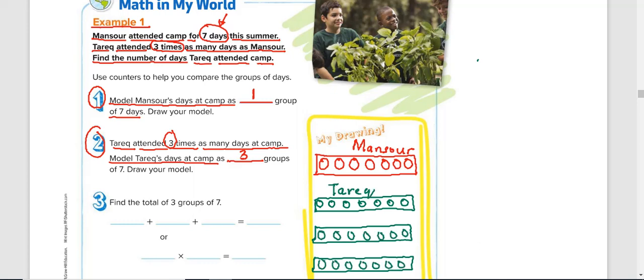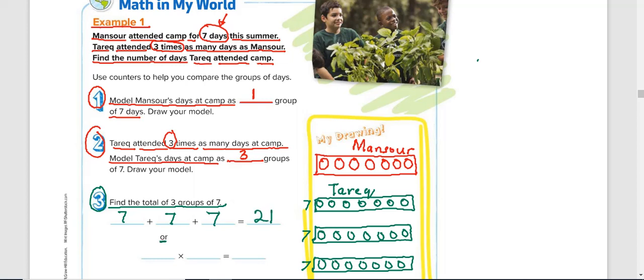Okay, so next, step 3. Find the total of 3 groups of 7. Group 1 has 7, group 2 has 7, and group 3 also has 7. So that's going to be 7 plus 7 plus 7. 7 plus 7 is 14, and 14 plus 7 will give you 21.